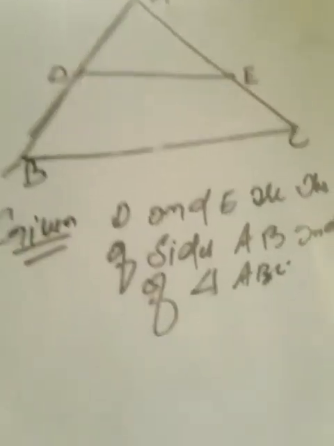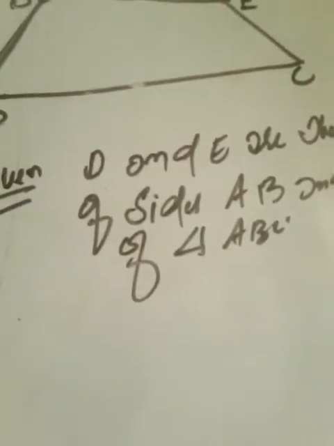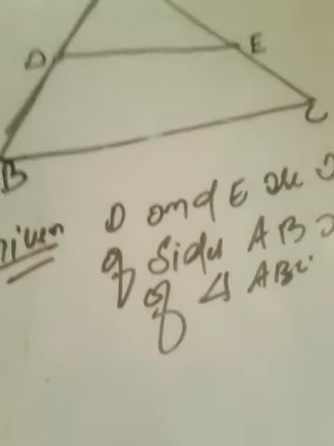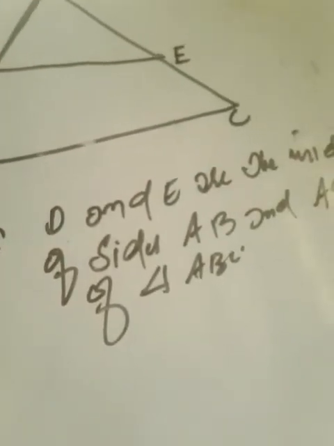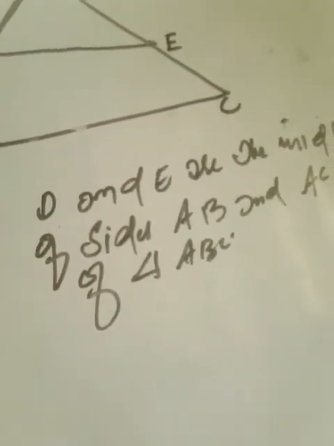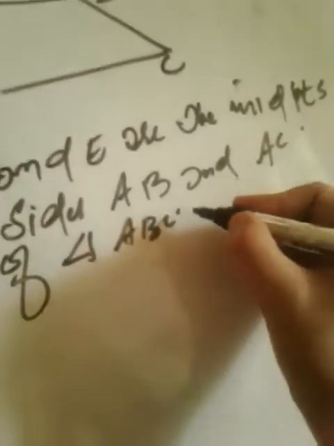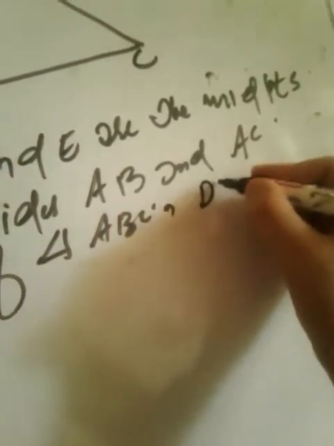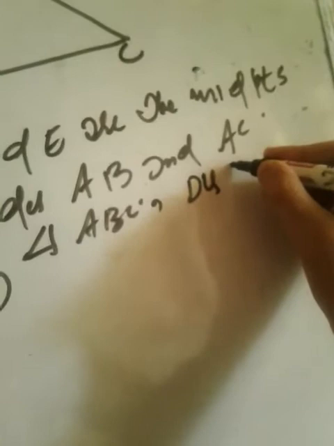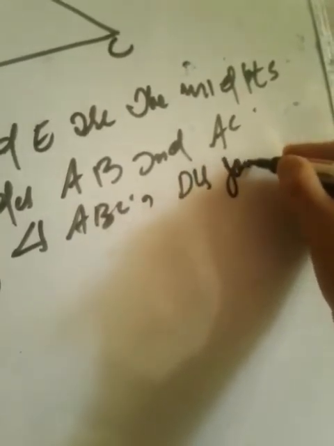D and E are the midpoints of sides AB and AC of triangle ABC. We will also write that D is joined to E. D is joined to E. This is the given.